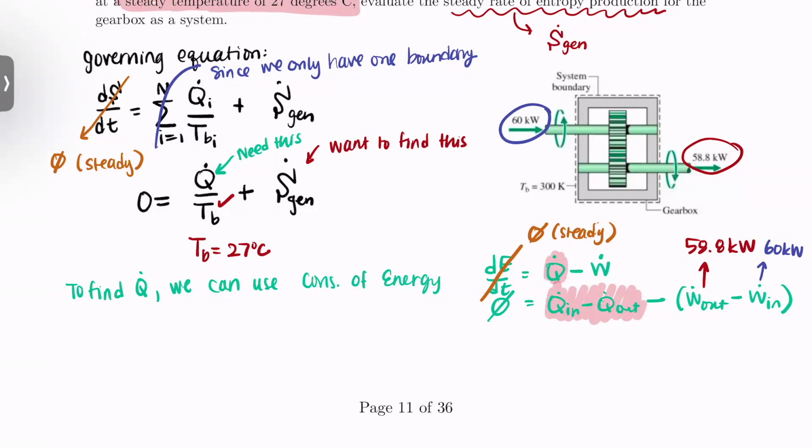So I have 0 is equal to Q dot minus 58.8 kilowatts minus 60 kilowatts. So Q dot is equal to minus 1.2 kilowatts. Since it is less than 0, that means that it's coming out.